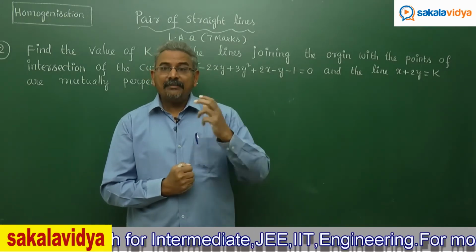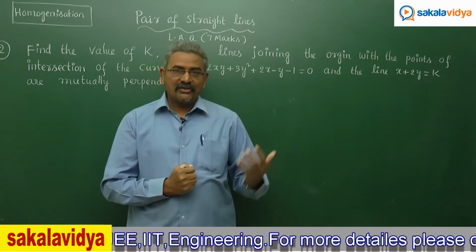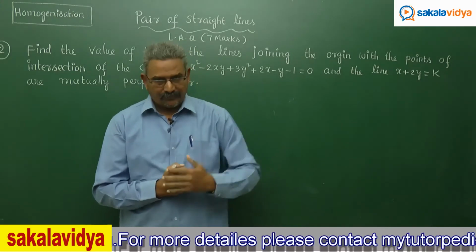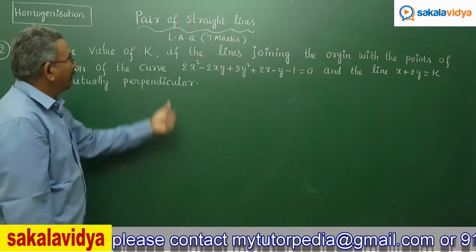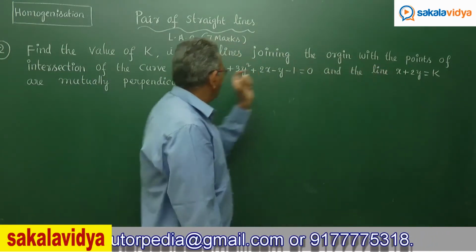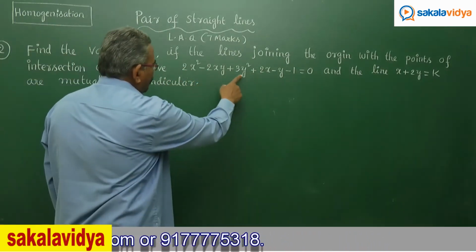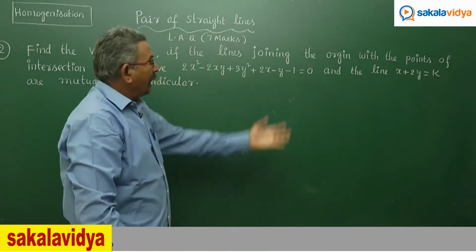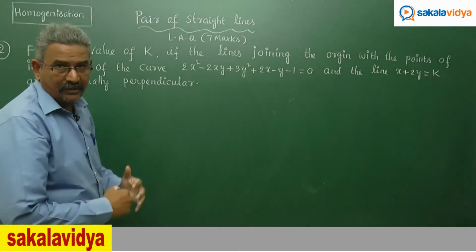First, let me read the statement of the question. After that we shall solve the problem by homogenizing and by applying the condition coefficient of x square plus coefficient of y square is equal to 0. Find the value of k if the lines joining the origin with the points of intersection of the curve 2x square minus 2xy plus 3y square plus 2x minus y minus 1 is equal to 0 and the line x plus 2y is equal to k are mutually perpendicular.